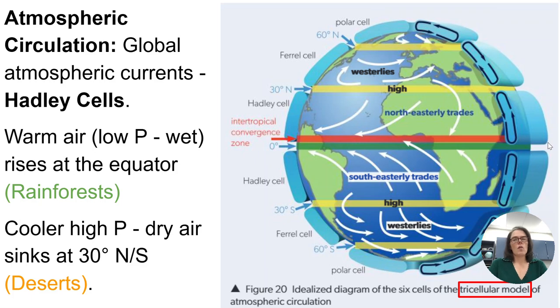Hot air can hold more water, and so it rises up. Then it moves over and cools once it's up in the higher atmosphere, and cooler air sinks. It's more dense. It's also drier. It can't hold as much water. So it sinks down at about 30 degrees north and 30 degrees south.